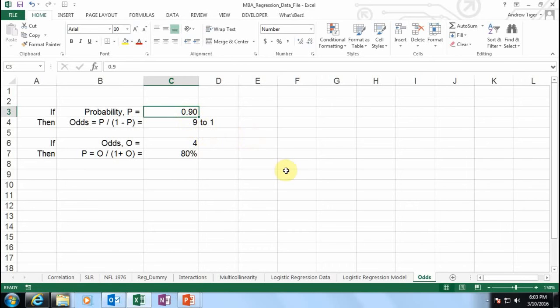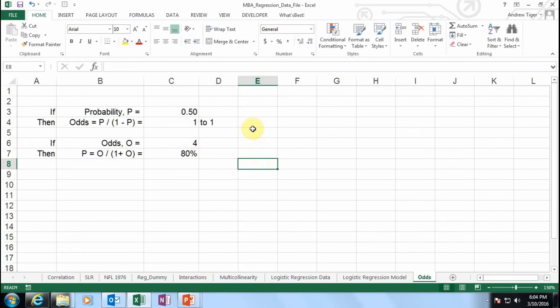If the probability was 0.6, then the odds of that happening are 1.5 to 1, or 3 to 2 if you wanted to think of it that way. If the probability was 0.5, then you get an even 1 to 1. So that's how you can think of converting probability to odds.